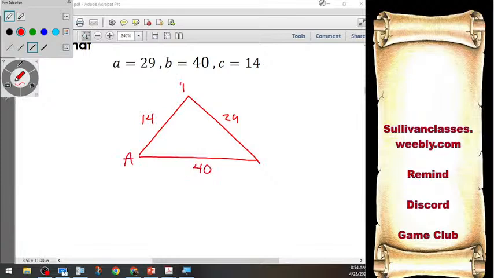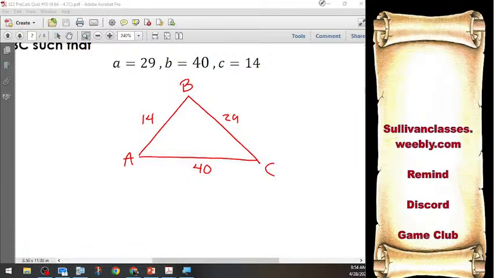A, B, C. Solve the triangle. What do I have to start with? You could do 40 because it's the biggest. Okay, law of cosines, and then I get to choose, right?